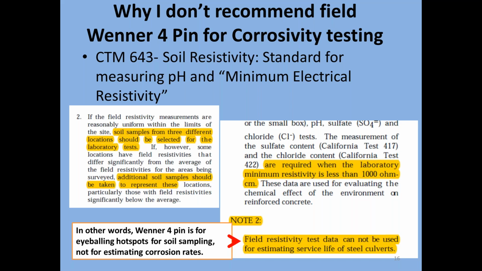It'll fall dramatically at 10% moisture content often. So there's a big difference between those two. And if you're doing 1 or 4-pin testing in the summer as opposed to maybe in the winter, you're going to get completely different results because moisture content of the soil makes a huge difference on the results. So you should not use that field 1 or 4-pin data for categorizing the corrosivity of a site.